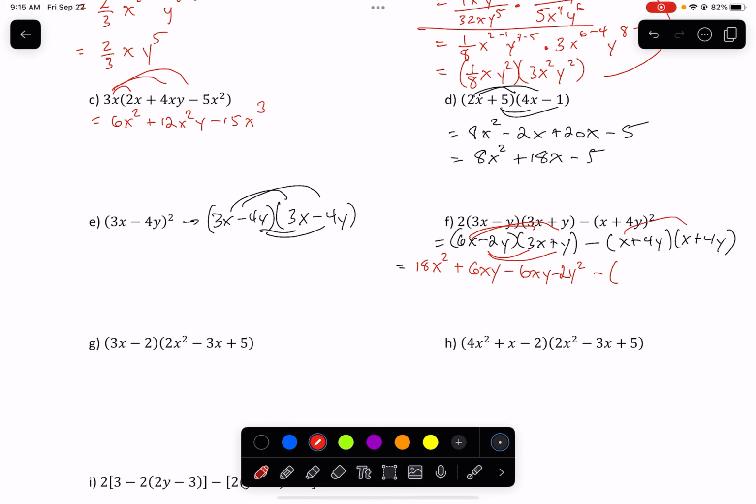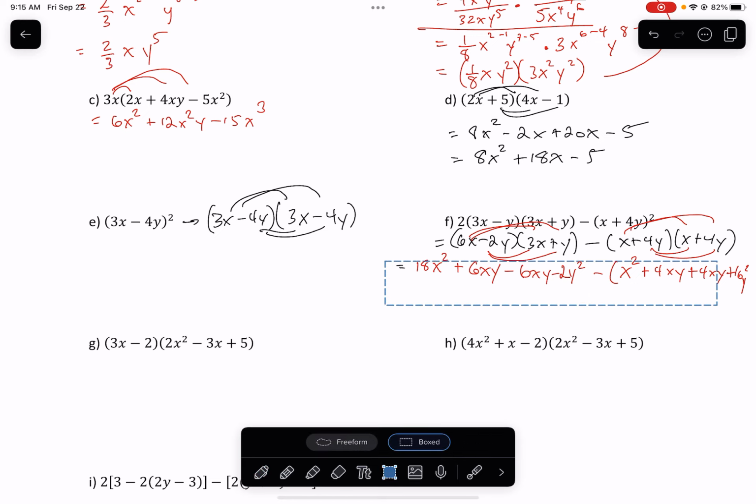Okay, and then you just do the same thing here. You get minus x squared plus 4xy plus 4xy plus 16y squared, sorry. Let me move it over. I told you it was going to be long.